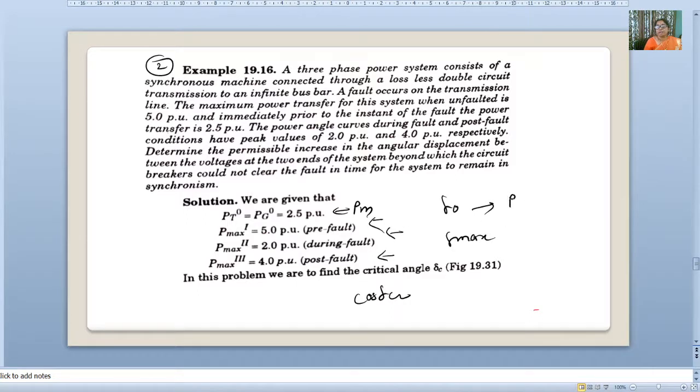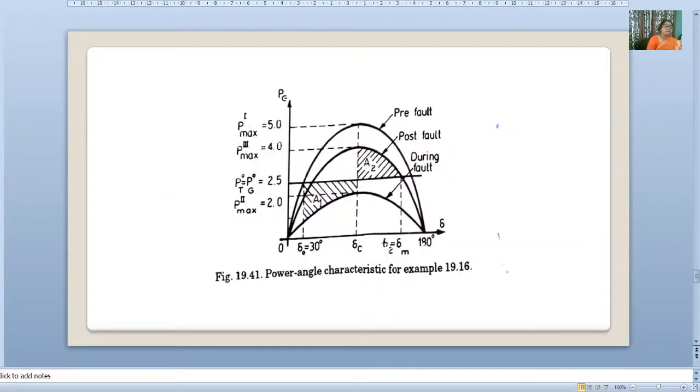Del 0 we can find from PE1. And del max, tell me from where we can calculate. Correct, very good, we can calculate from PE3 and PM.